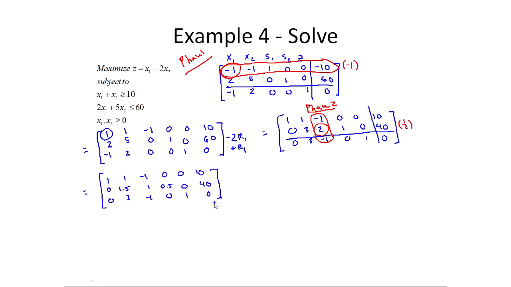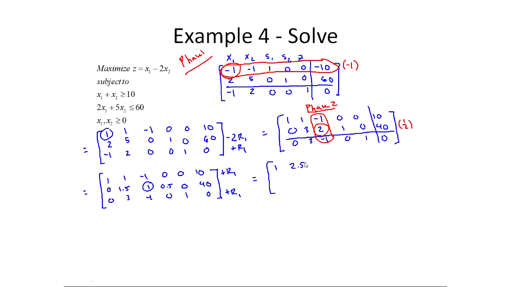So that's the first step in my phase 2 pivot. And now what I need to do to complete it, and that's really important to make the distinction, is I need to go ahead and add here and add here. So I'm going to add row 1, and I'm going to add row 1. Then I can say I've completed it and see, okay, do I need to make any more pivots? So after I do this row operation, you can double check my values.